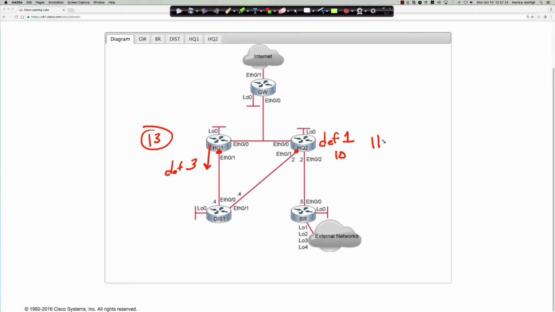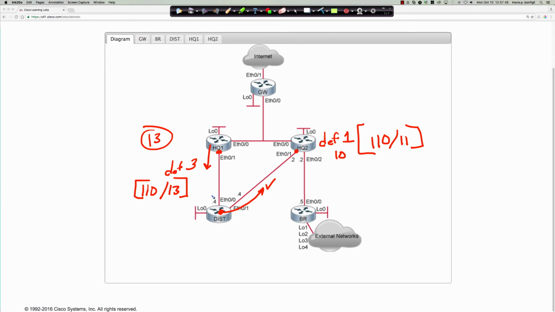That's why we're seeing 110/11 when we look on distribution here and see that that is our number 1 path, where I give it the check mark. Right now, if we could see it, this would be 110/13, because the cost would be 13.